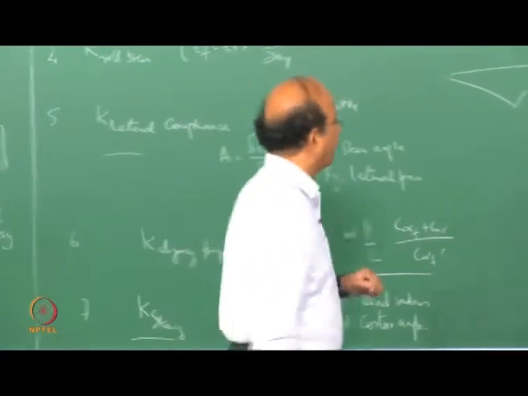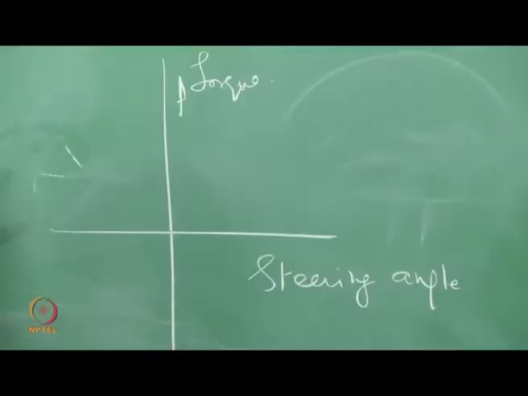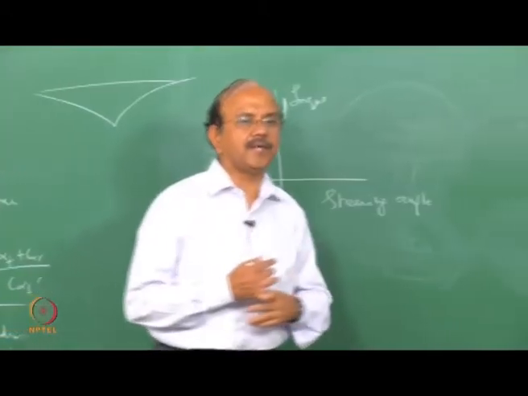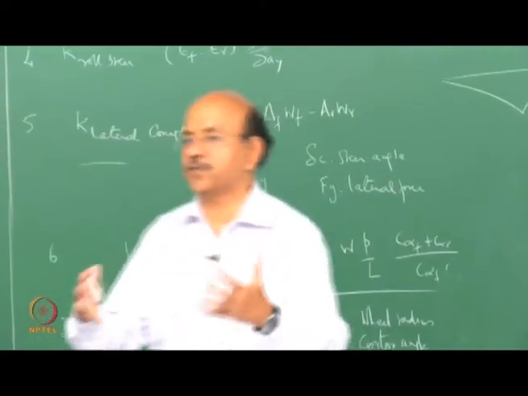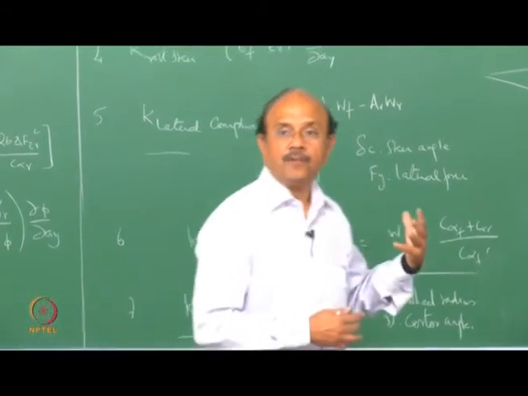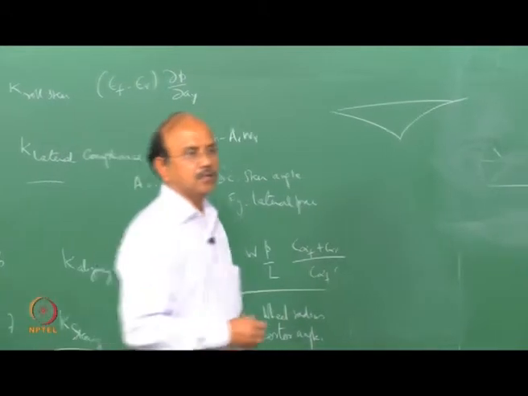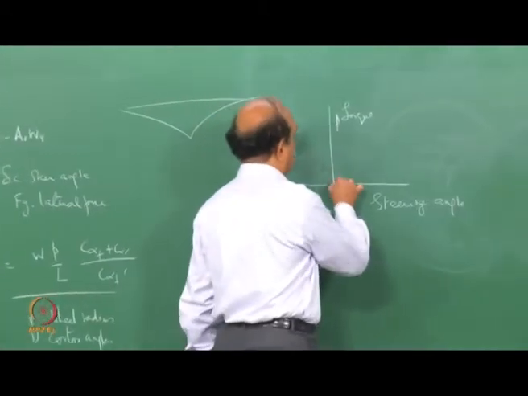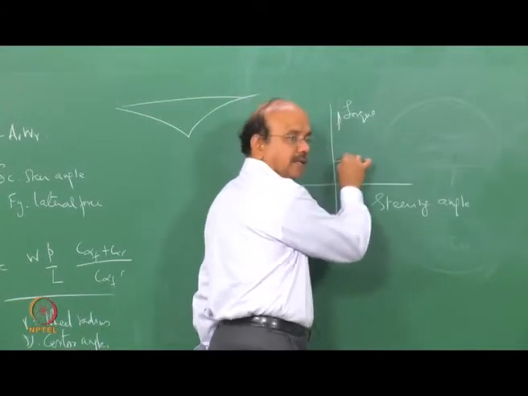Now, if you look at the torque versus steering angle, the first thing that comes to our mind is that steering having so many moving parts, there is friction. So before the steering angle changes, I have to overcome that friction. So it doesn't start here. I can't plot from 0, so it will start here.